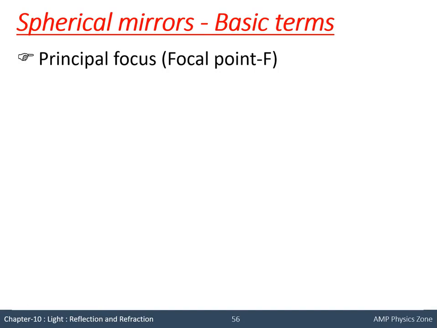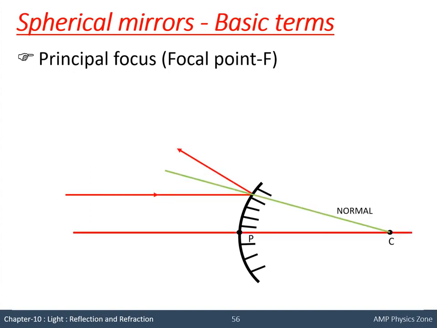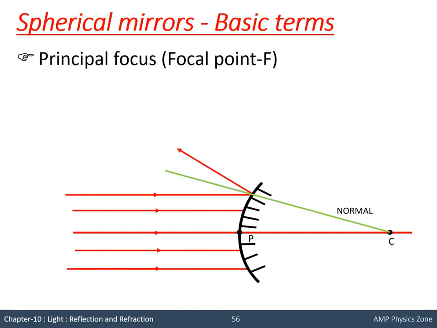Now for the convex mirror, rays which are parallel, same way, normal means the line joining the center of curvature and a point on the surface of the mirror. Multiple parallel rays after falling on a convex mirror, after reflection they appear to diverge from a point. Appear to diverge means we have to extend them back.